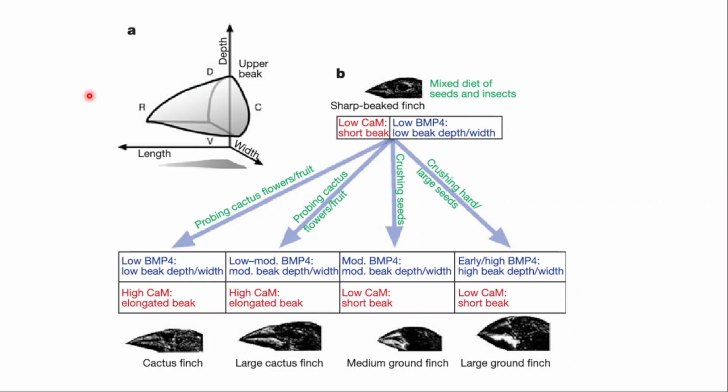Some feed on cactus, flowers, fruit, some feed on insects, some feed on large seeds which need more crushing power. For more crushing power, they need a wide but short beak. For a longer beak, they need to probe into flowers. Flowers have nectar, they want that and they want to eat the flowers. So they need a longer reach but not so much strength, so that they can easily dip into the flower.